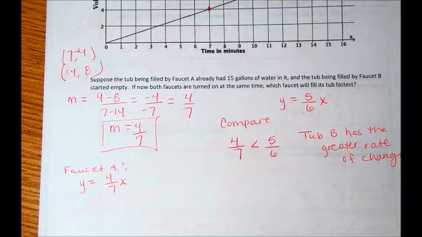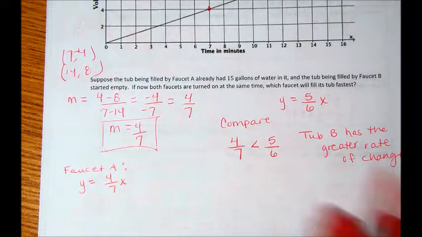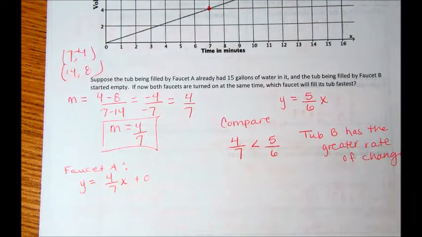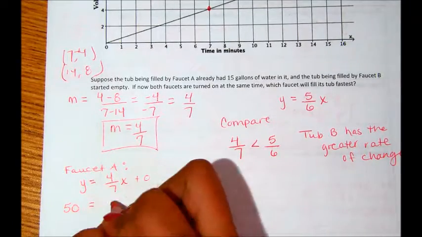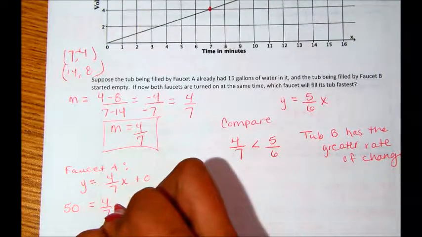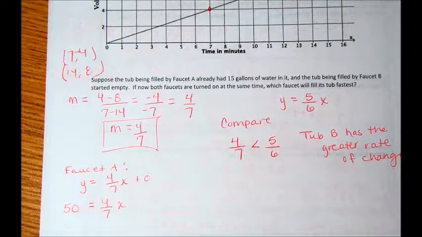Because I was told that the tubs are empty in the first one, so I am making sure that anything with an initial value is 0. Now I am solving for 50 gallons of water. 50 gallons is going to be my total, so I'm going to substitute it in. How much time does it take for faucet A to fill up 50 gallons of water?